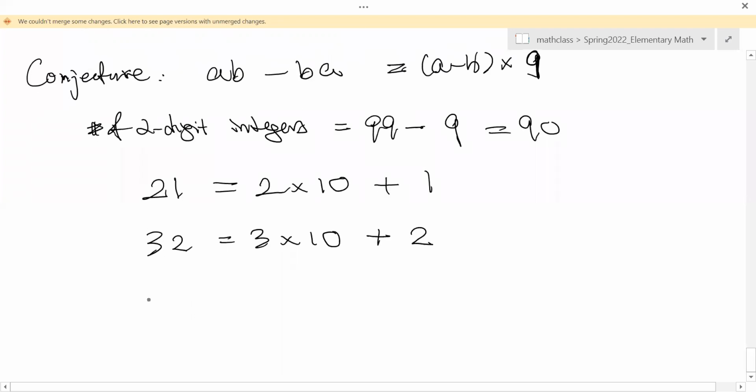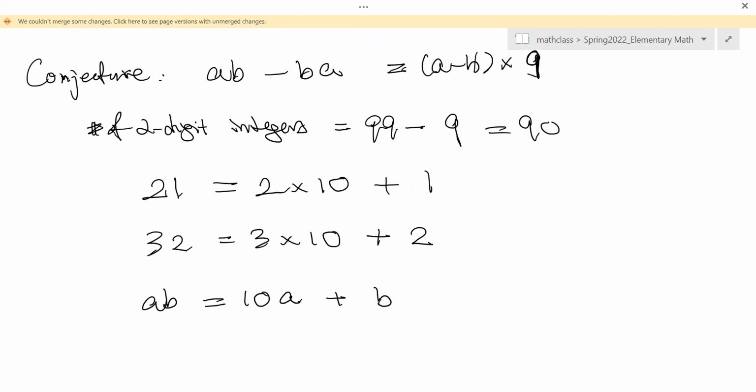Now, if I use AB as a two-digit number, you can express it as 10A plus B. That's probably the first time you have to deal with variables. If you don't understand that, it's okay. We can do this later.